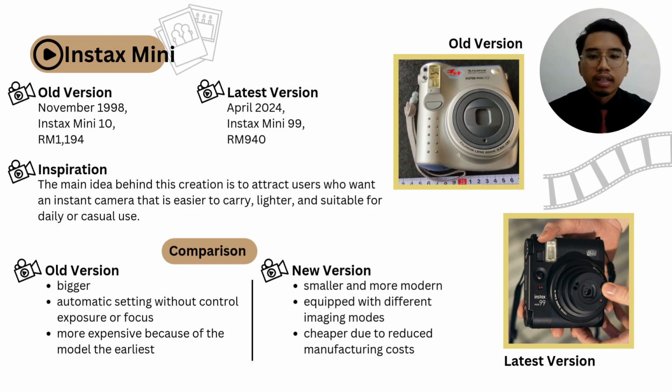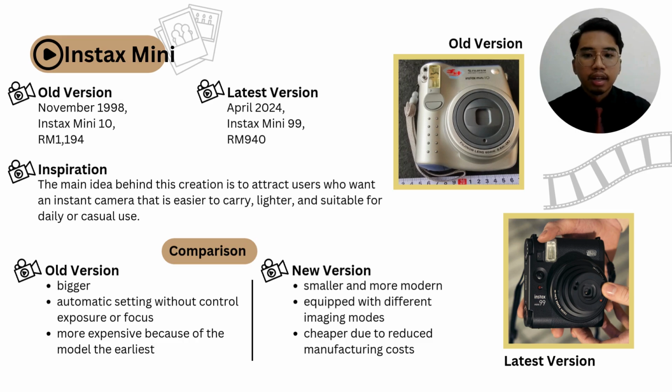So the comparison between the old version and the new version: the old version is bigger. You can see it is bigger, and the later version has a smaller and more modern design.